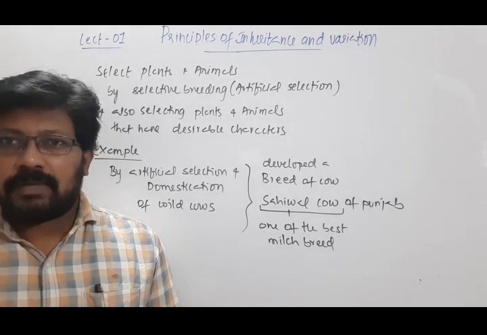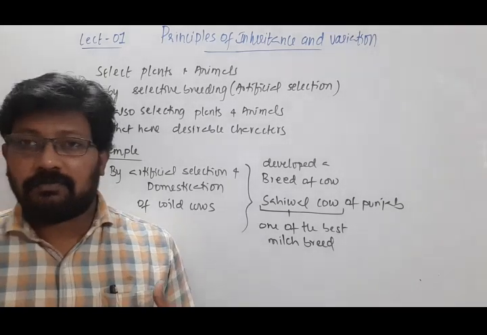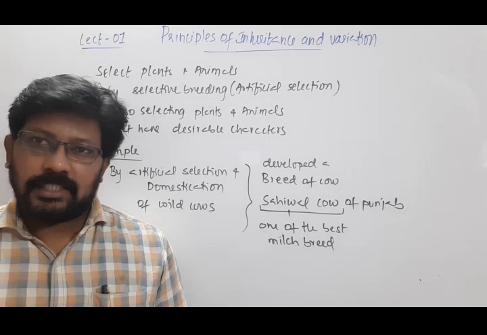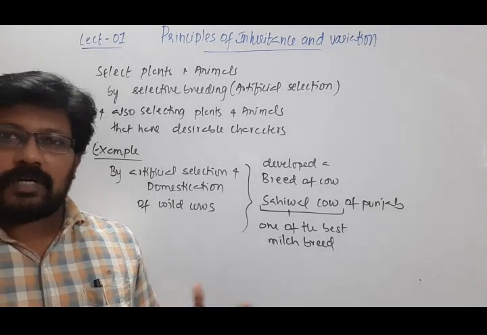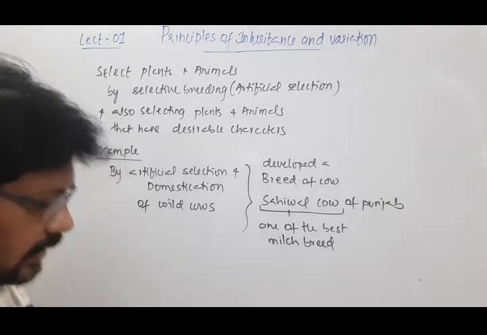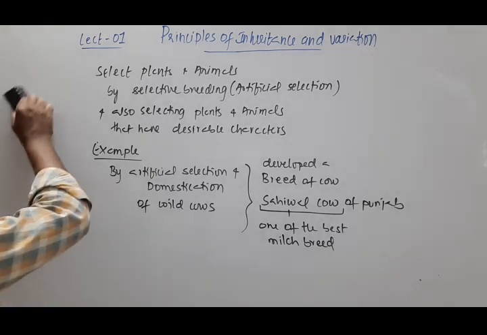So it is all by domestication and artificial selection of wild species, resulting in plants or animals with desirable characters. This is how by artificial selection and domestication, we developed new breeds of animals and new varieties of plants in course of time.